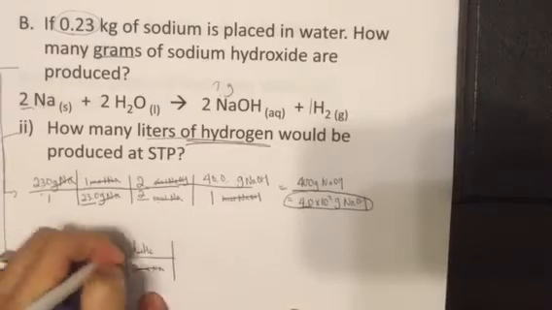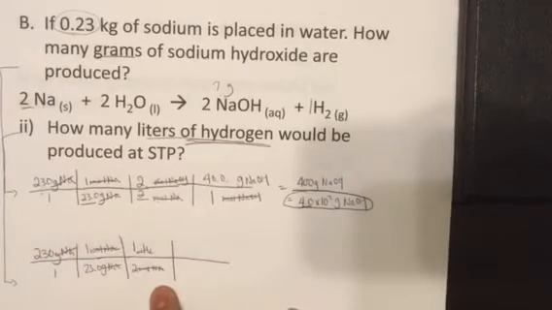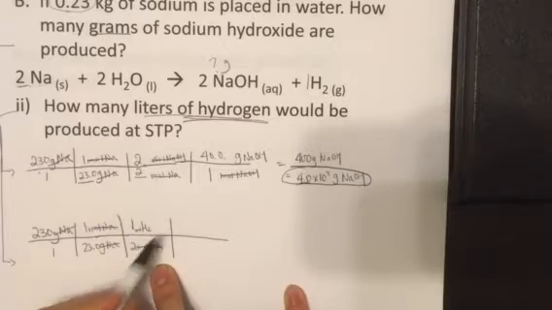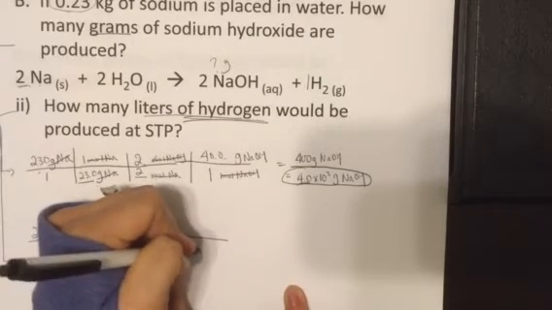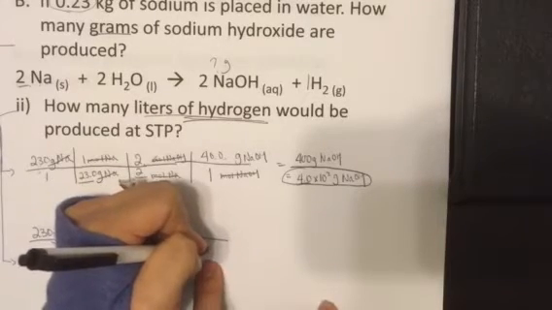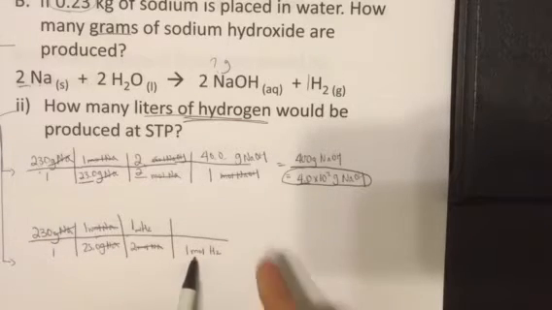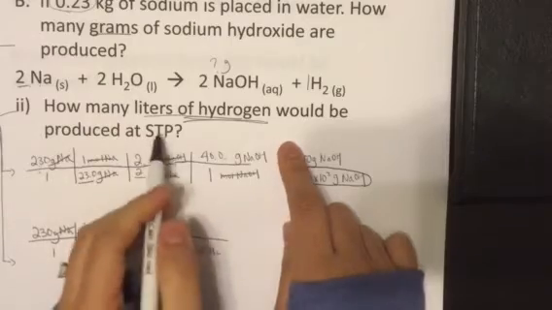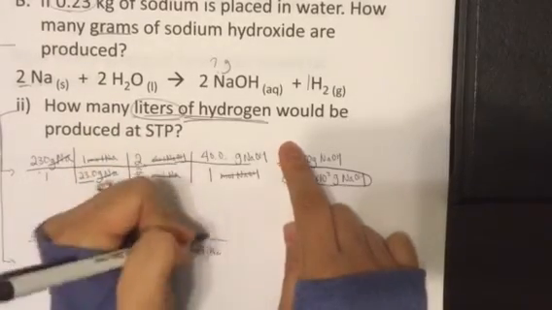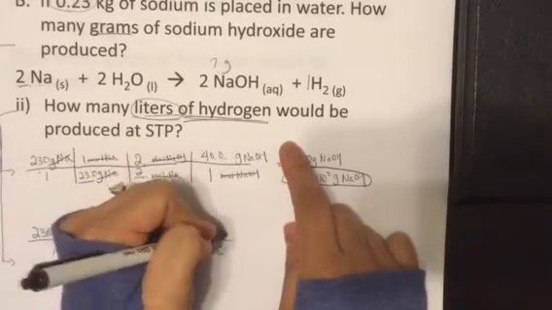So mole, mole, cancel. Then I say, okay, I only have 1 mole of hydrogen, but according to my periodic table, oh, no, it's not according to my periodic table. If I have 1 mole of hydrogen, because the question says, how many liters of it is produced? So I actually want it in terms of liters of hydrogen.